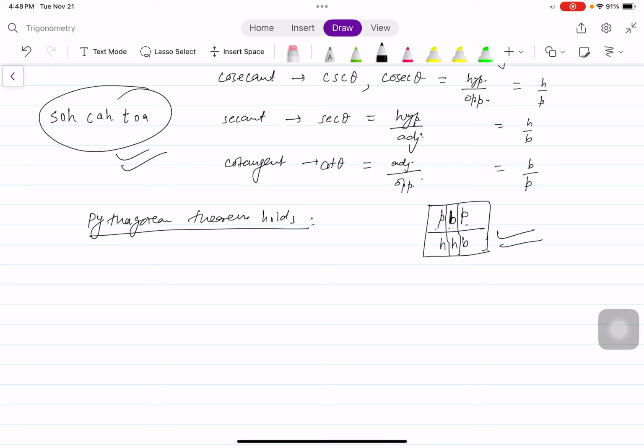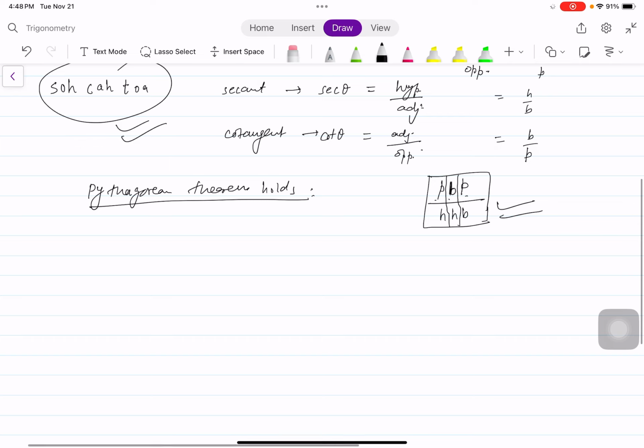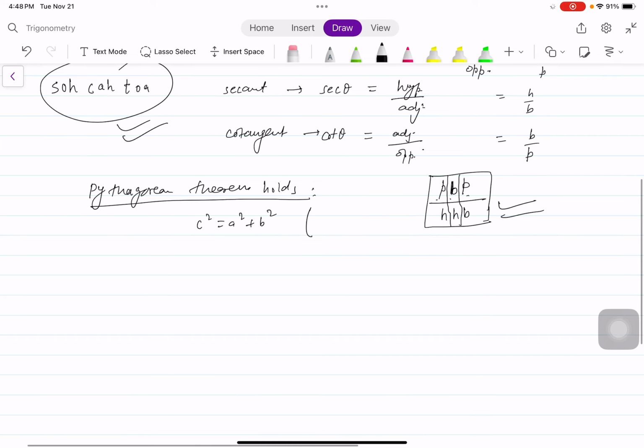If we use C as the third side and A and B for the remaining two sides, this is always C square equals A square plus B square. Or if you want to use P, B and H, this is always H square equal to P square plus B square. So people use these kinds of relations.